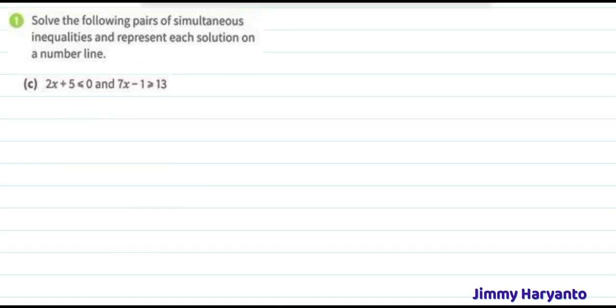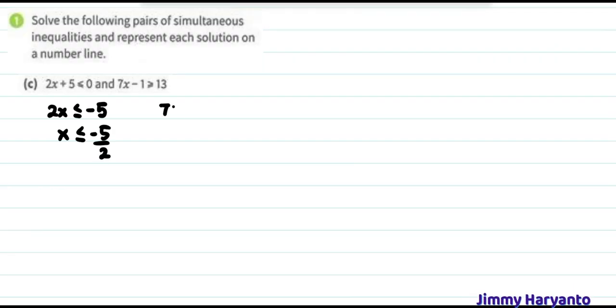Next one is question 1c. For this one is 2x less than or equal to, move the 5, it will become negative 5. X less than or equal to negative 5 divided by 2. And then for this one, it's 7x greater than or equal to 13 plus 1, which is 14. So x greater than or equal to 14 divided by 7 equals to 2.